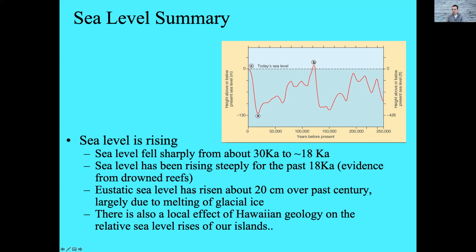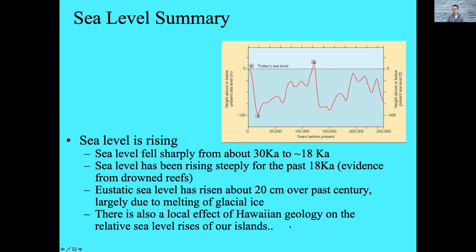The eustatic sea level change, which is based on the total volume of water, has risen about 20 centimeters over the last century, largely due to melting of glacial ice. You also have had warming, although the current warming from global warming hasn't fully equilibrated with the ocean yet, so there's a time lag built in there.